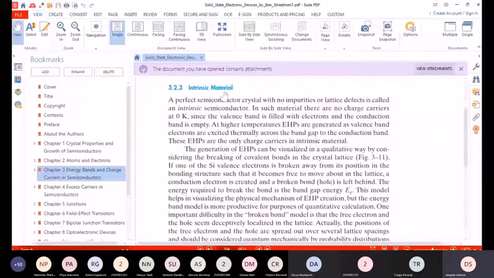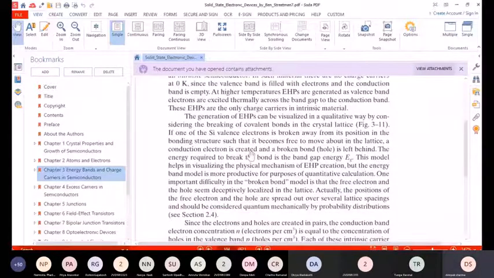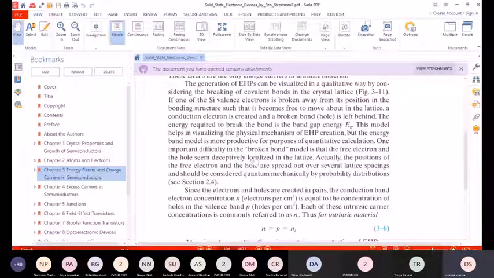Coming to the intrinsic and extrinsic, we know a pure semiconductor is called an intrinsic semiconductor, when there is no impurity present in it, but we convert intrinsic into extrinsic by adding some impurities. That process is called doping, and the impurities are called dopants.